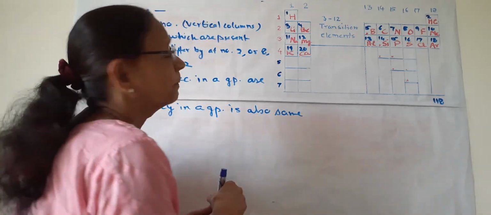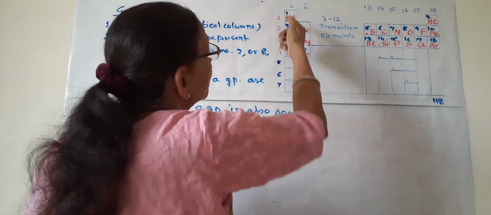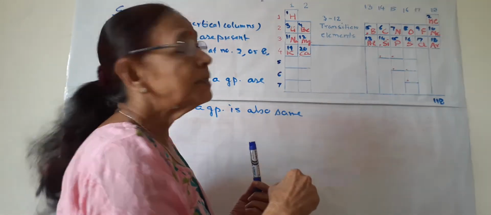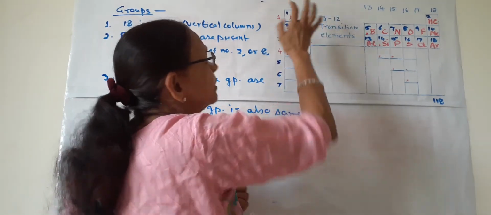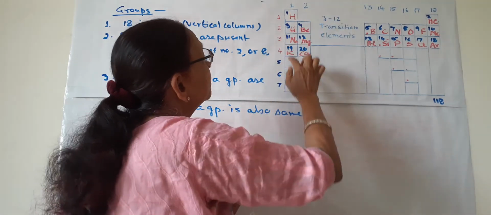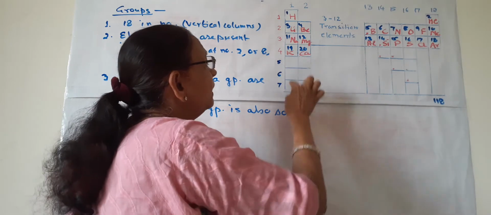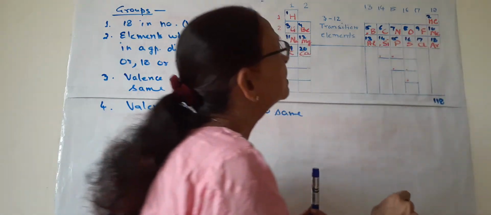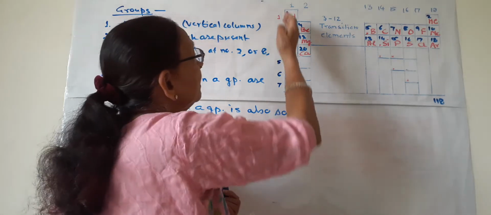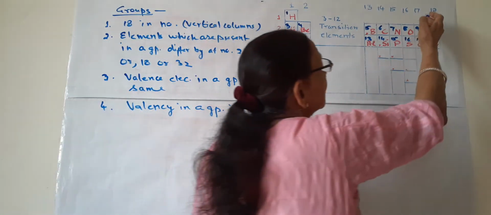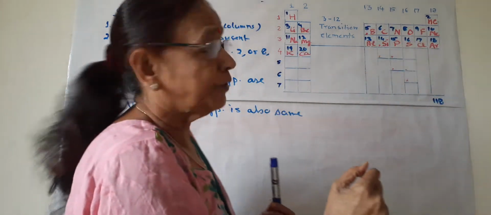Suppose we are looking at the first group. On the top, hydrogen is present, although hydrogen has an anomalous position. It is not perfectly in group 1. It can be put under group 17 also, as it has some properties like alkali metals and some properties like halogens.